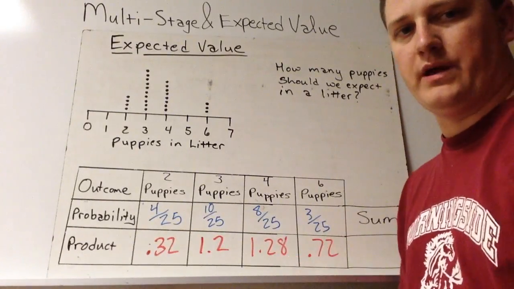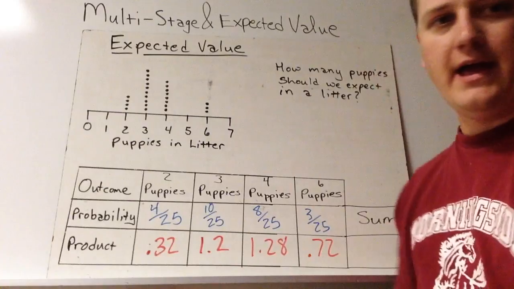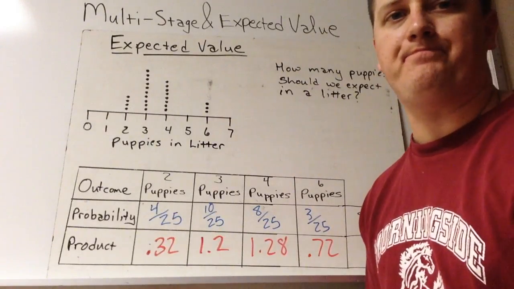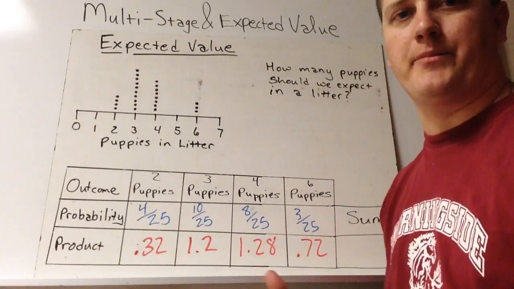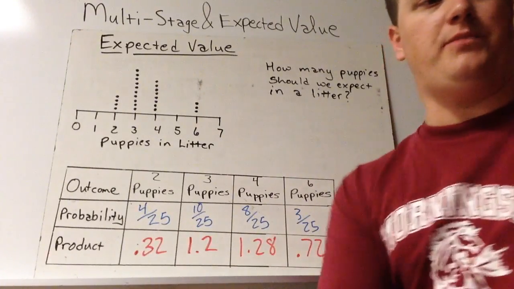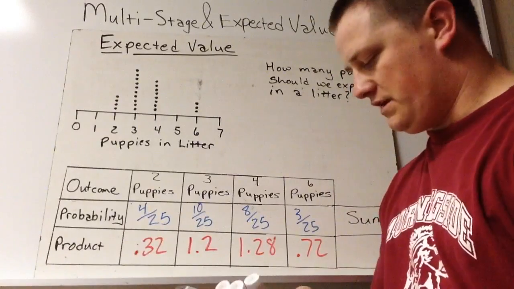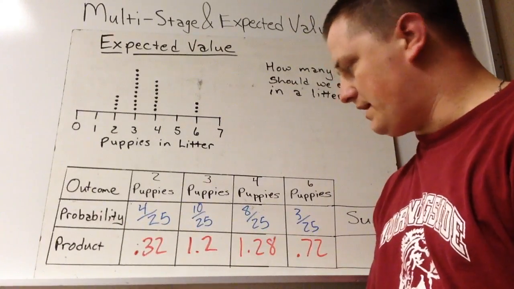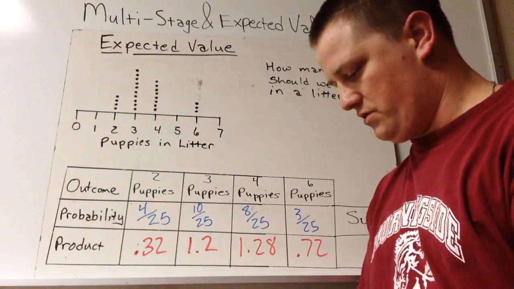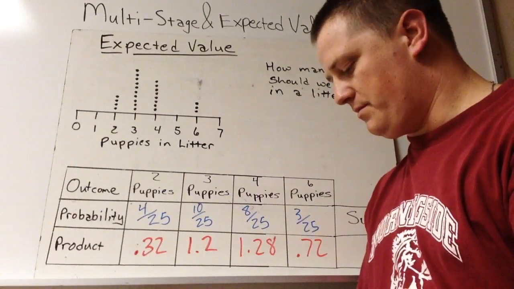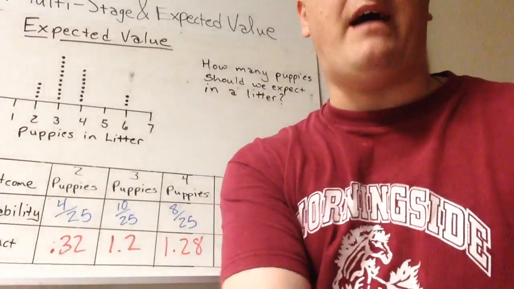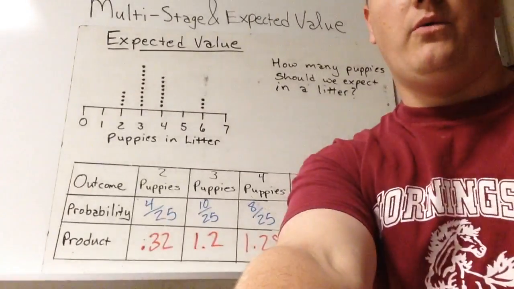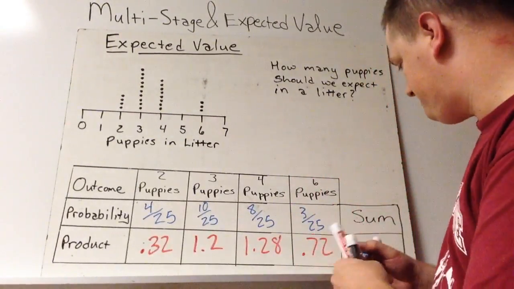Now what we do is add all these together, and that's what our expected value, or expected number of puppies in a litter, would be. So we're just going to go 0.32 plus 1.2 plus 1.28 plus 0.72, and we get 3.52.